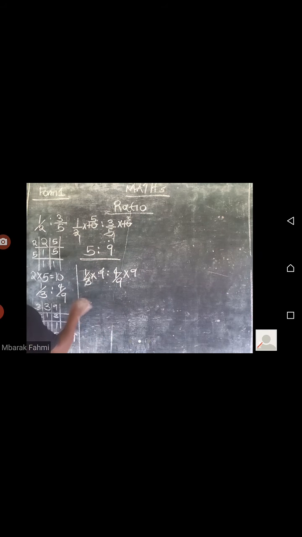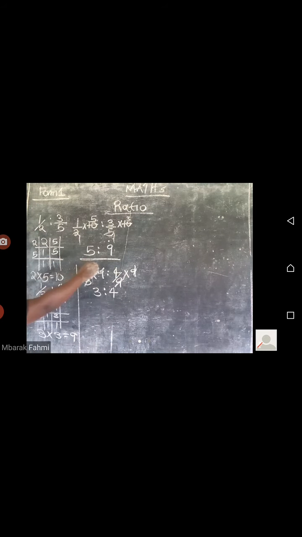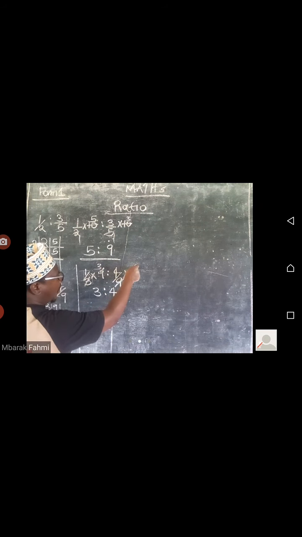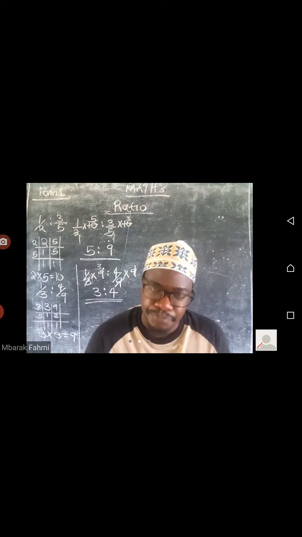So by 3, 3, and then by 9, 1. That will be 1 times 3 is 3, and 4 times 1 is 4. Therefore, that will be the ratio written in its simplest form.